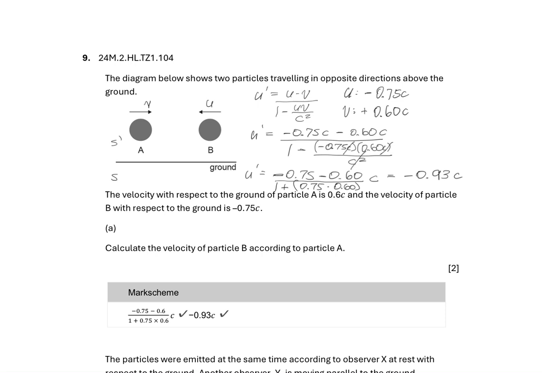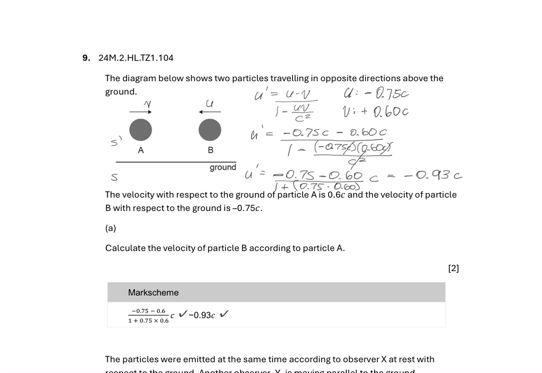And then we have another object, B, which can be like another event having a velocity U of negative 0.75c headed towards A. And we can call that U, the velocity of that event. And it says what is the velocity of that event B relative to particle A, which is S prime. So that would be U prime.